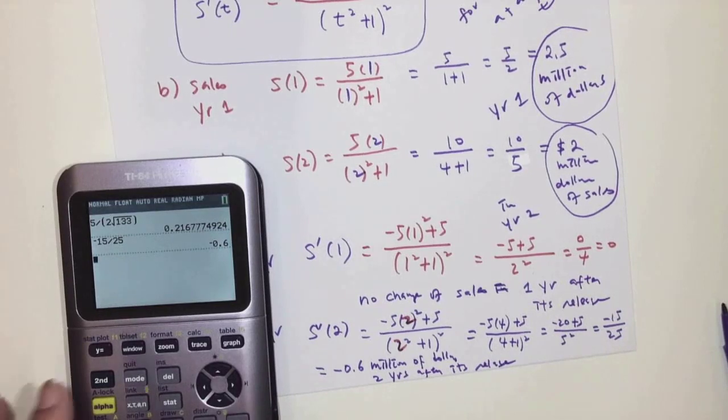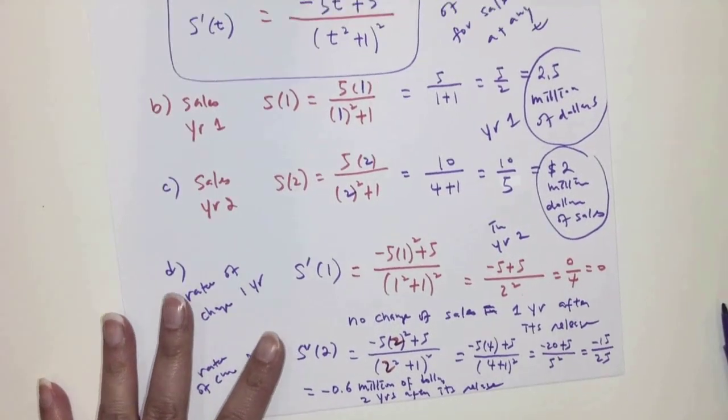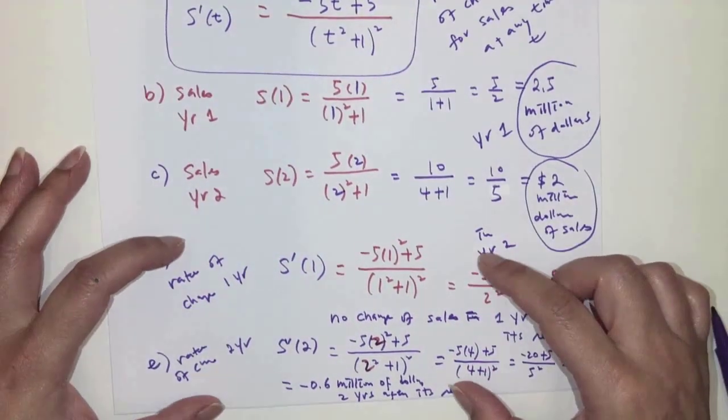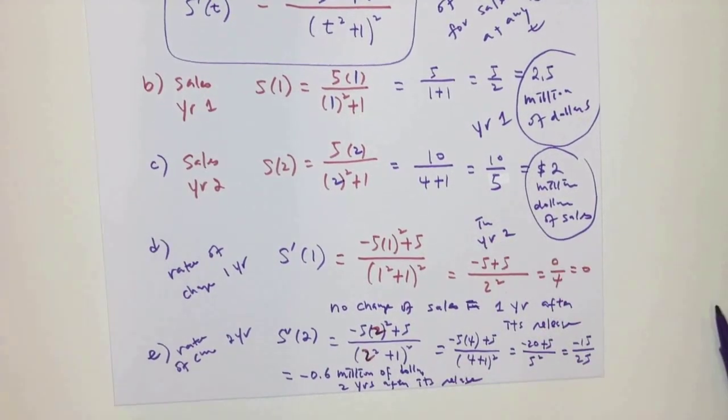So some of these questions will ask you to write an answer statement, so you will need to explain what those numbers mean. So the last one, just be careful: when you just need the sales, you just plug into the original function. But if you're looking for rate of change, then you use the derivative S prime of t to plug in those numbers, okay?